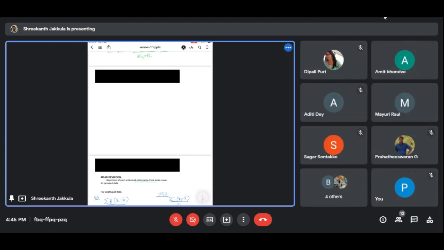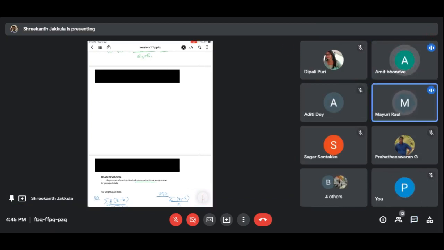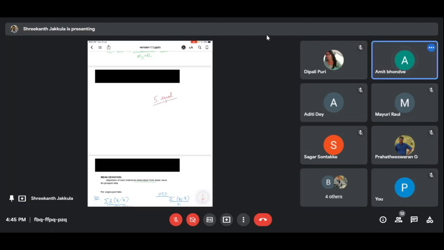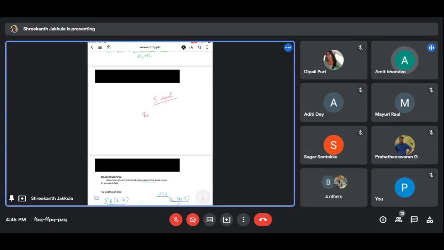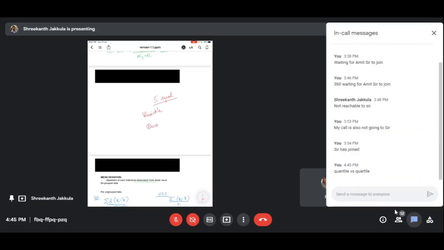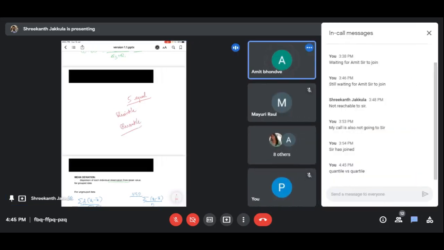Quantile is divided into 5 equal parts, it's called quantile, sir. That is quintile. Q-U-I-N-T-I-L-E. That is quintile. Q-U-A-N-T-I-L-E. That is quantile.